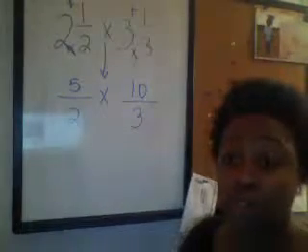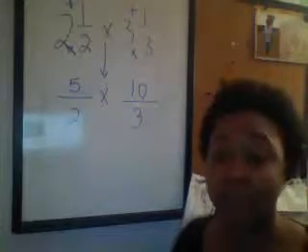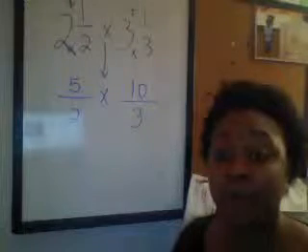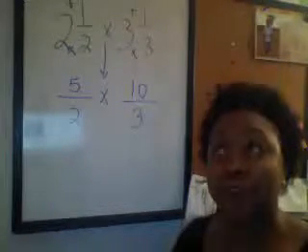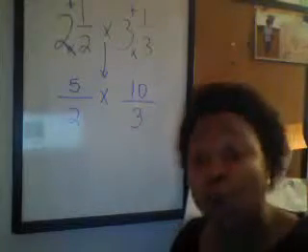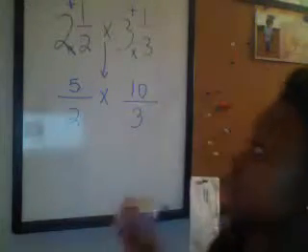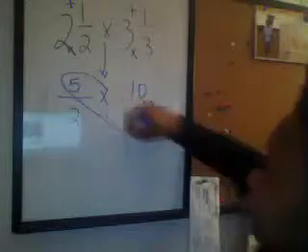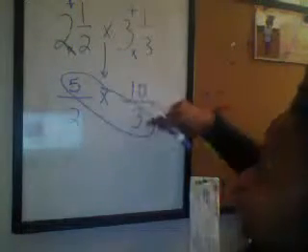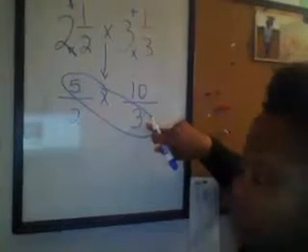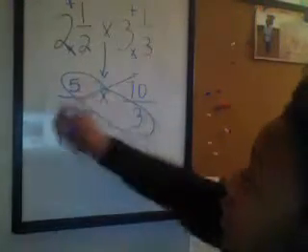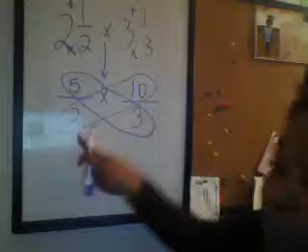And I know some of you, especially my students, I have spoken to you over and over again about using cross cancellation, which is reducing your fractions before you multiply. Okay? So let's see. I'm looking at 5 and 3. 5/3. Can I reduce that? No, I cannot reduce 5/3. So can I reduce 10/2?